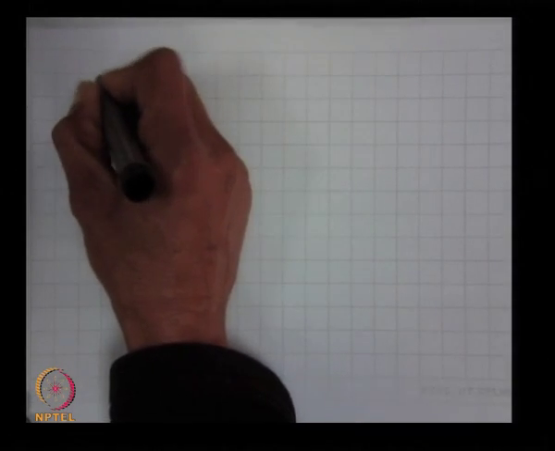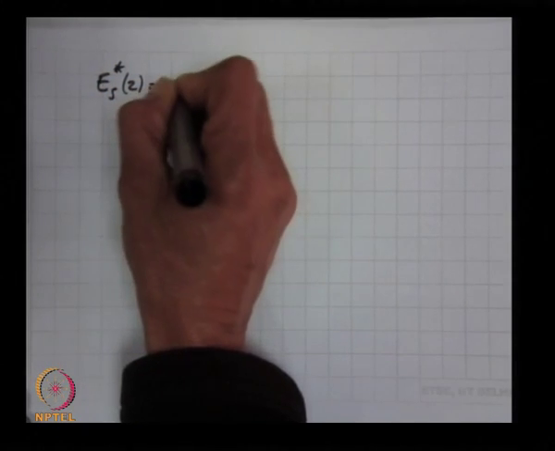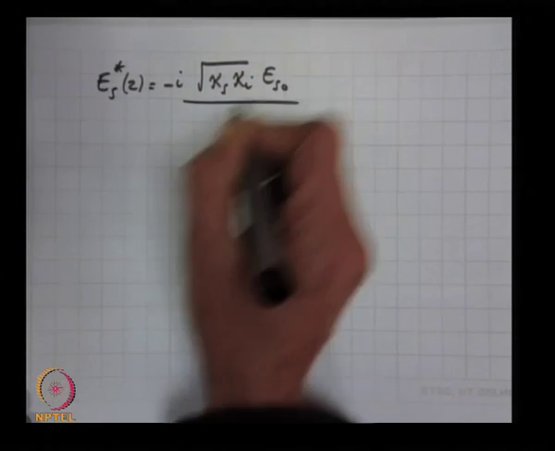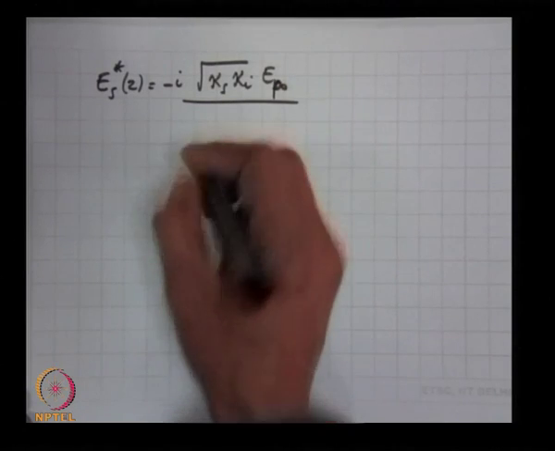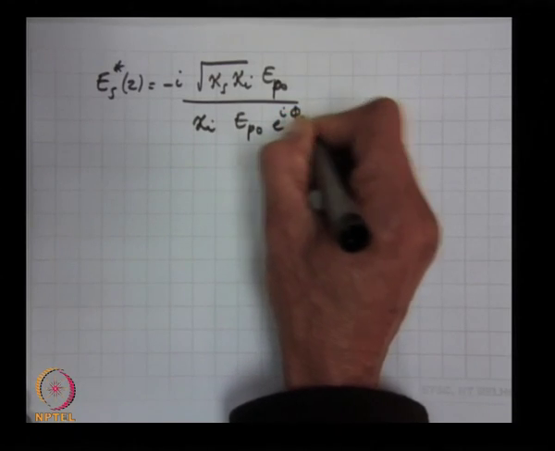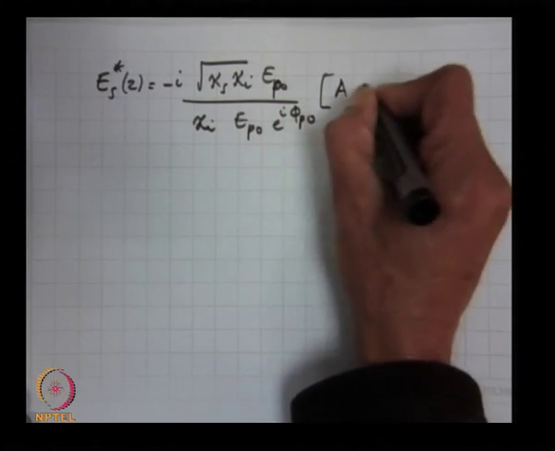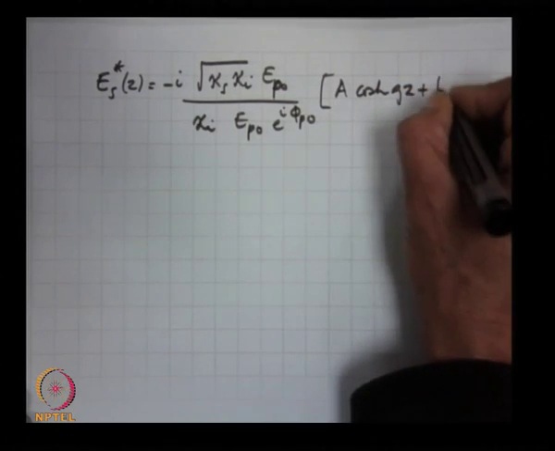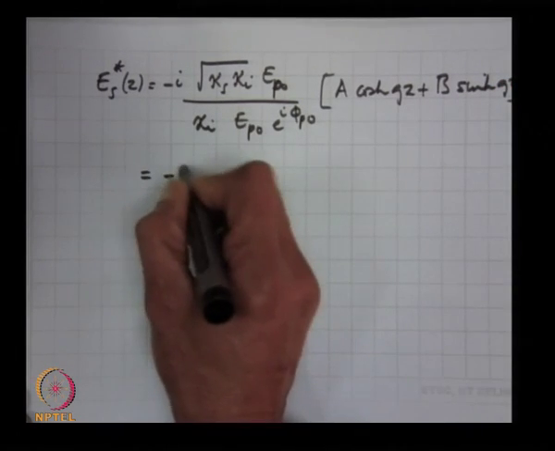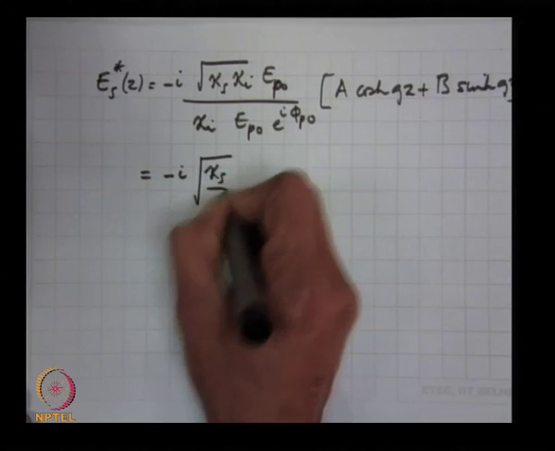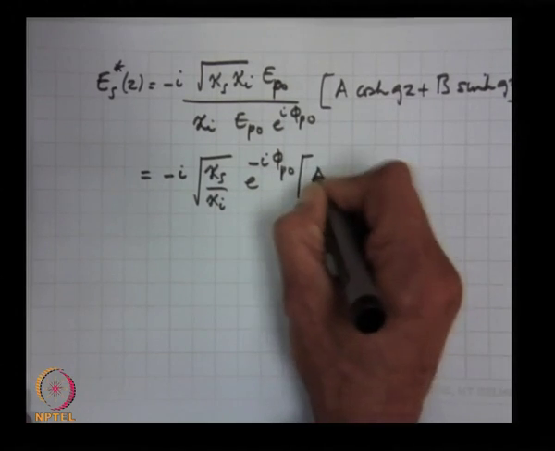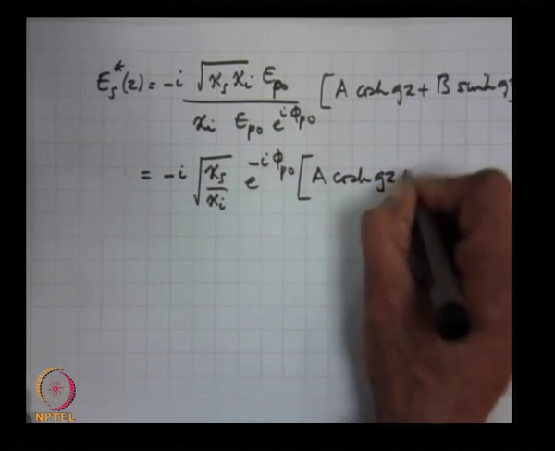I will get ES star of Z is minus i square root of kappa S kappa I EP0 by kappa I, EP is EP0 exponential i phi P0, into A cosh GZ plus B sinh GZ, which is actually minus i under root kappa S by kappa I exponential minus i phi P0 into A cosh GZ plus B sinh GZ.